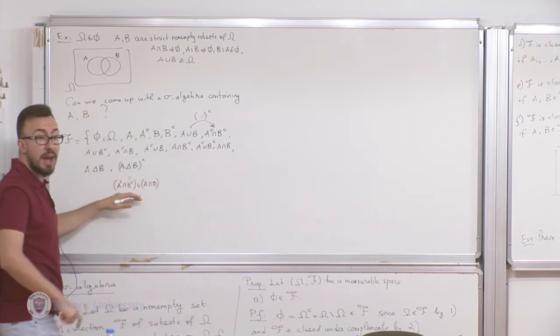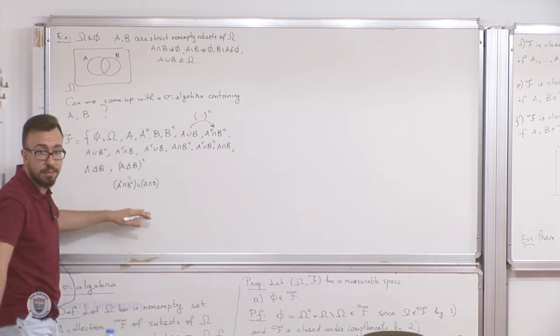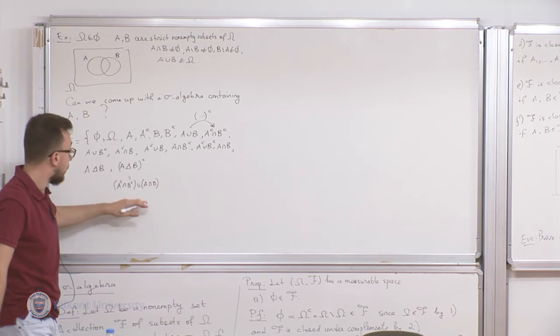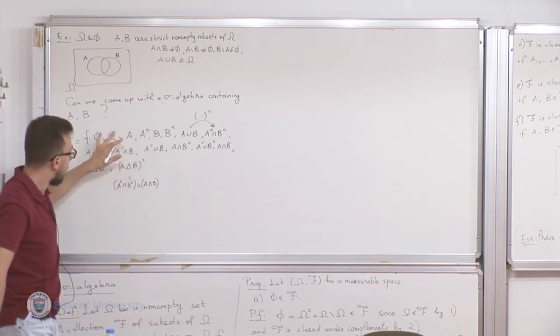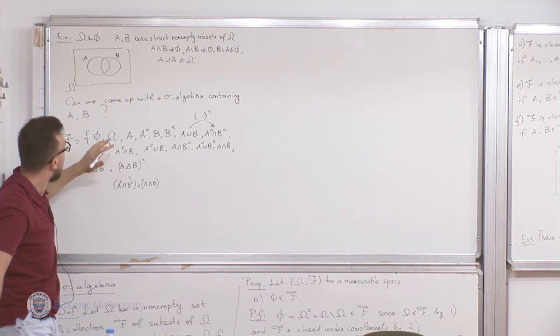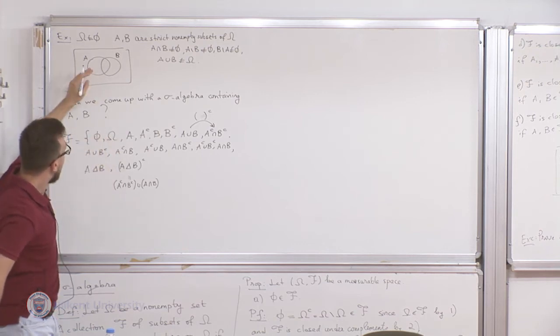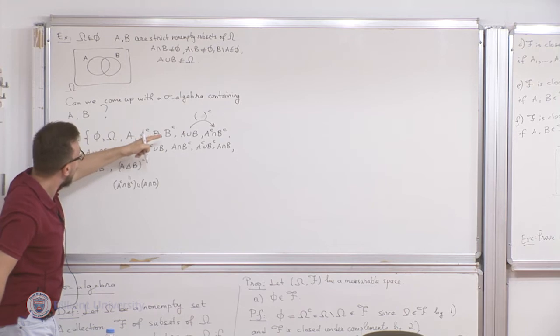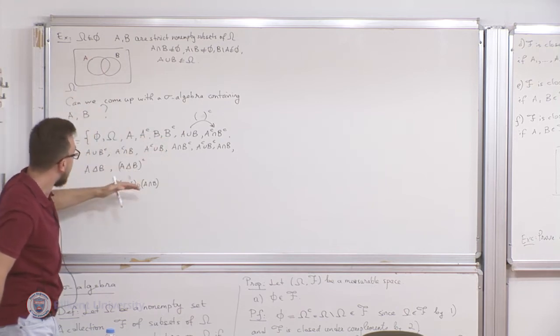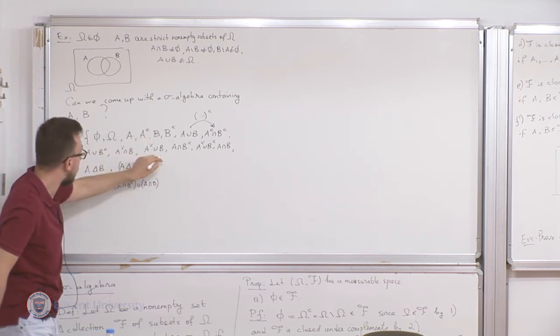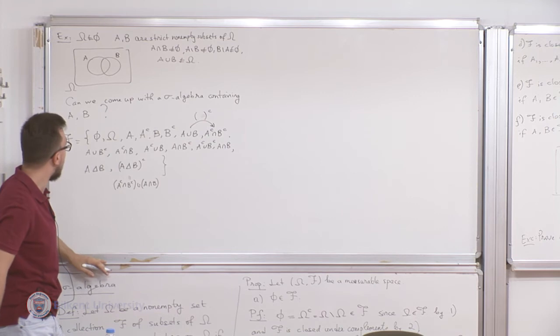Just try to rewrite it. You're not going to get a simpler answer. It's not one of those sets. Just work on this picture, okay? Find out which part of the picture corresponds to which set, and convince yourselves that this is not one of those previously listed sets.